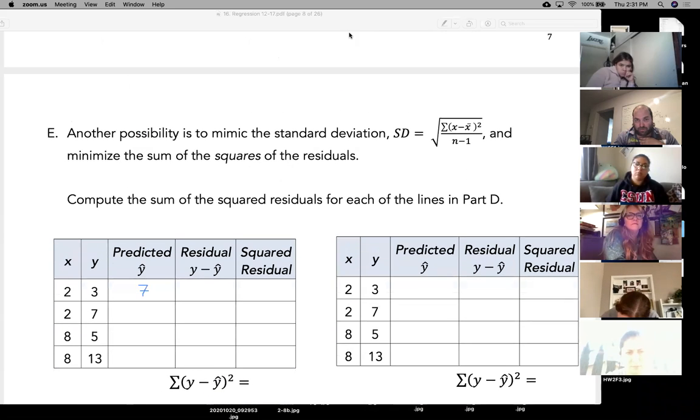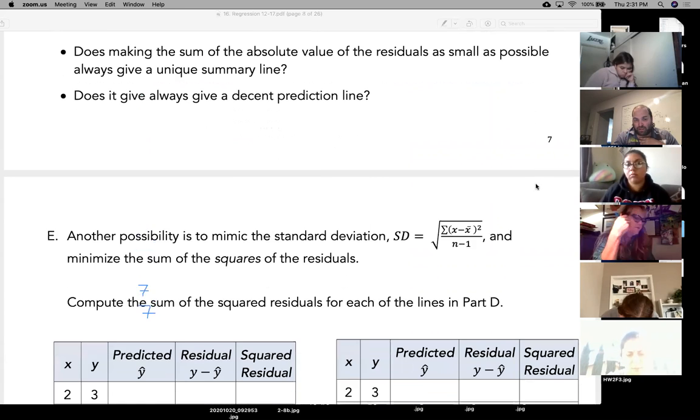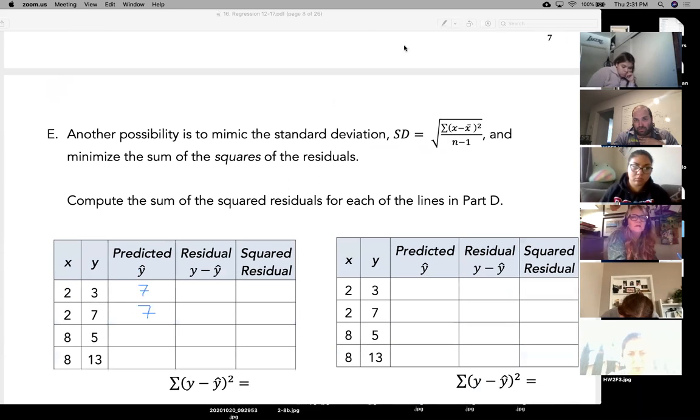So that one goes here. The next one, the 8, had an actual of 5 and an actual of 13, but both of them have a prediction of 5. So we're going to put in 5s.